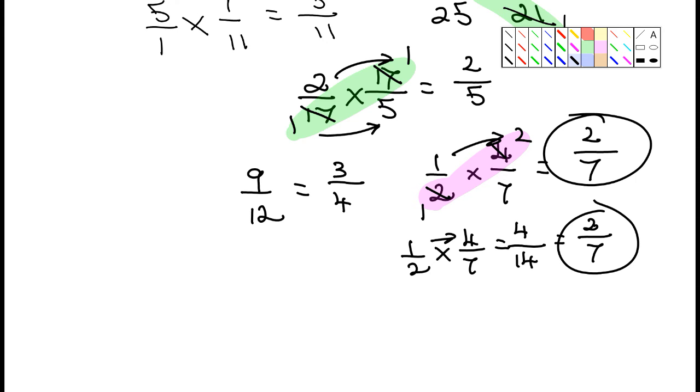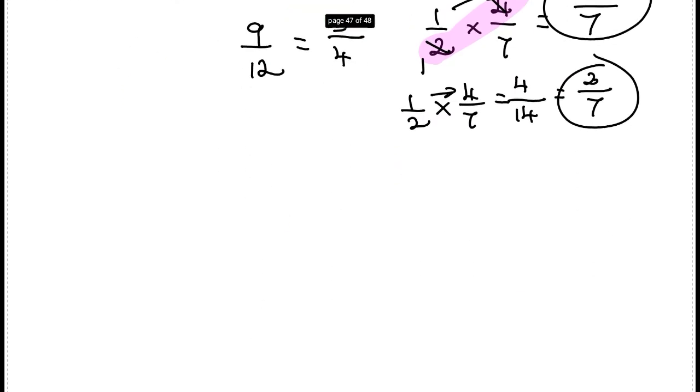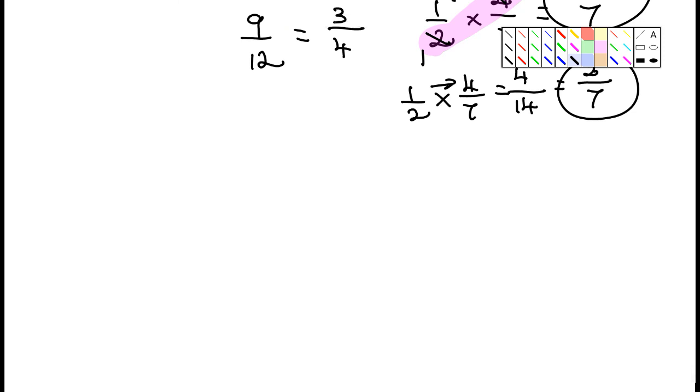Let me give you a couple more examples and I'm going to end this video. How about 10 over 43 times 2 over, how about 20?